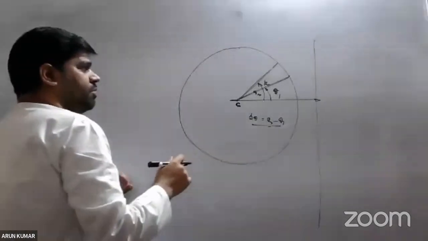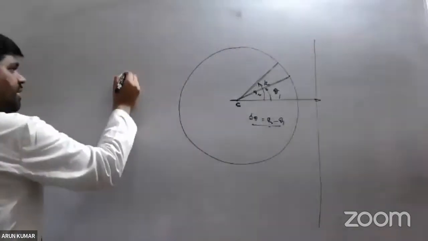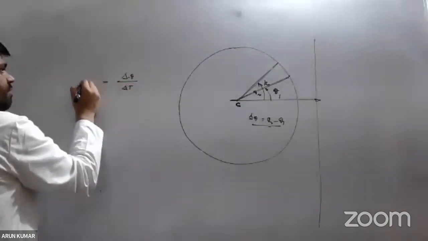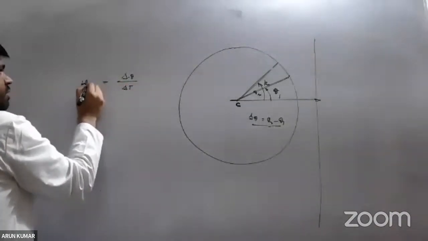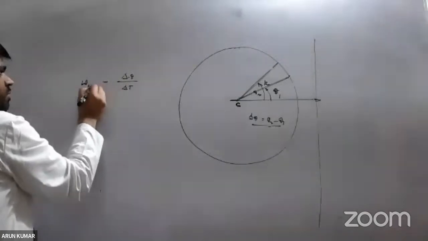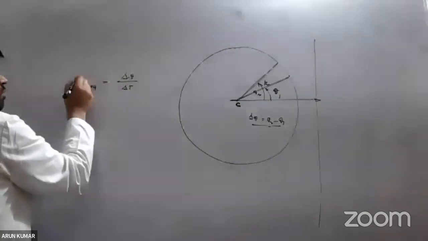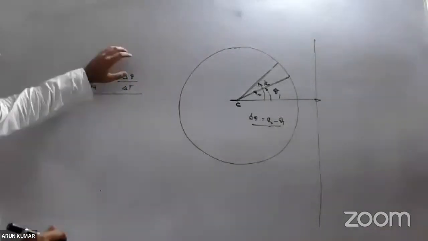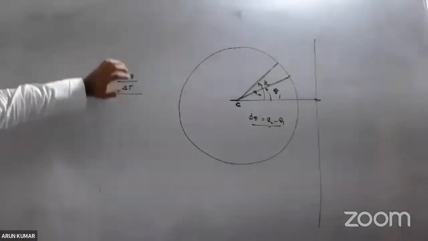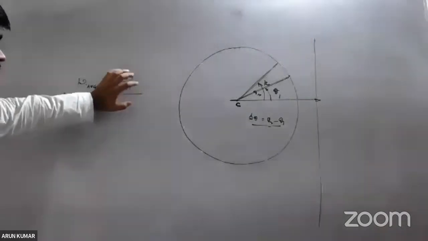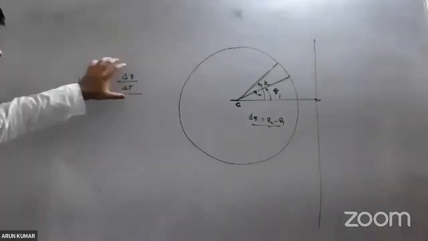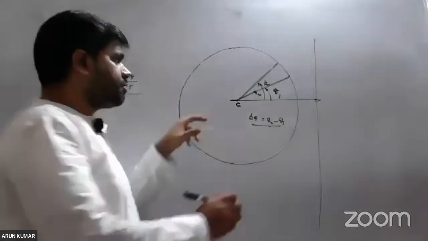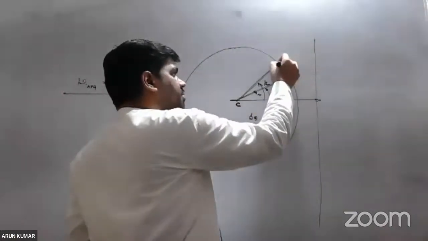Now, delta theta by delta t will give me the average angular velocity. So angular displacement in a certain time taken to traverse that angular displacement is my average angular velocity of the particle about its center in the time delta t.